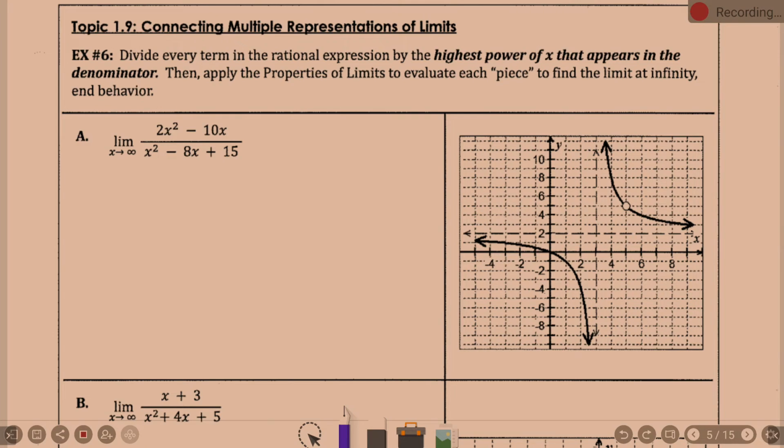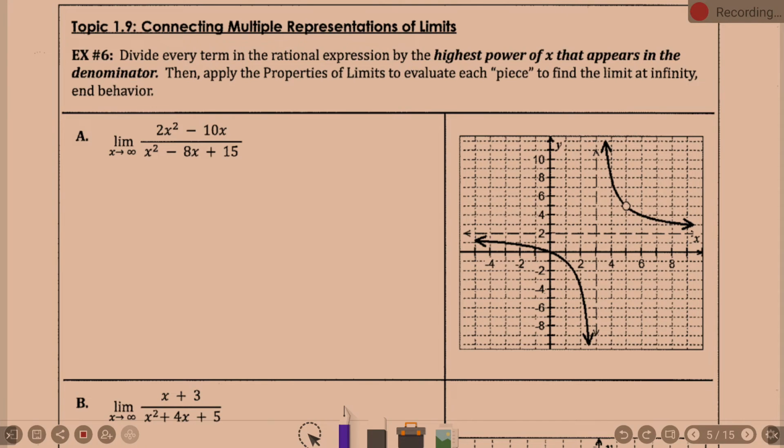Okay. Example 6. Divide every term in the rational expression by the highest power of x that appears in the denominator. Then apply the properties of limits to evaluate each piece to find the limit at infinity, or thus the end behavior. Okay, I know that's fancy talk, right?